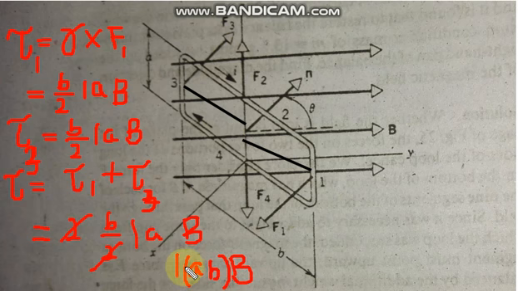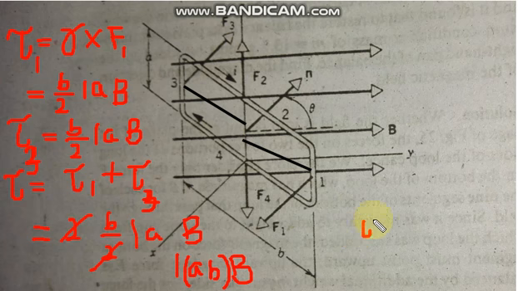This is the product of the length and the breadth. Length is small b and the breadth is small a. So this product gives you the area of the loop, the area of this rectangular loop.